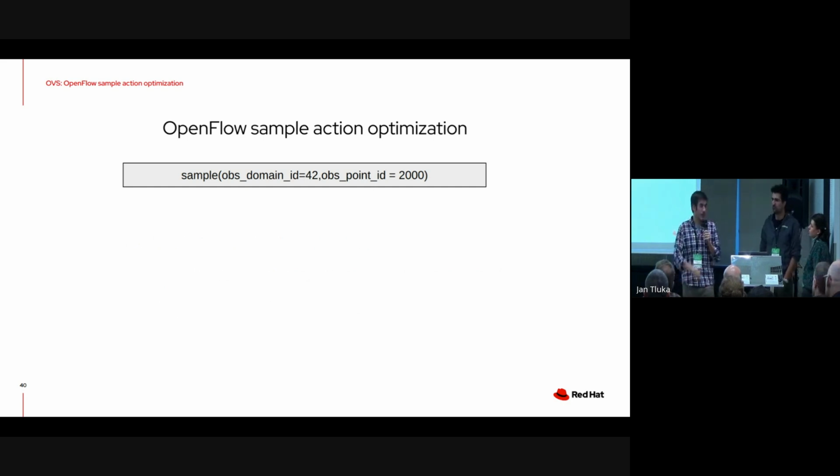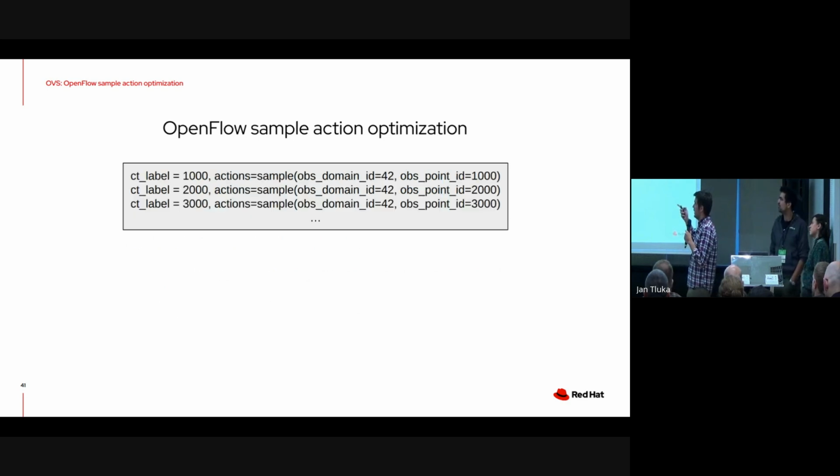The problem is, as Dumitru said, that what we were receiving is a bunch of these actions. Each flow would match on a specific label and add that label into the observation point ID.